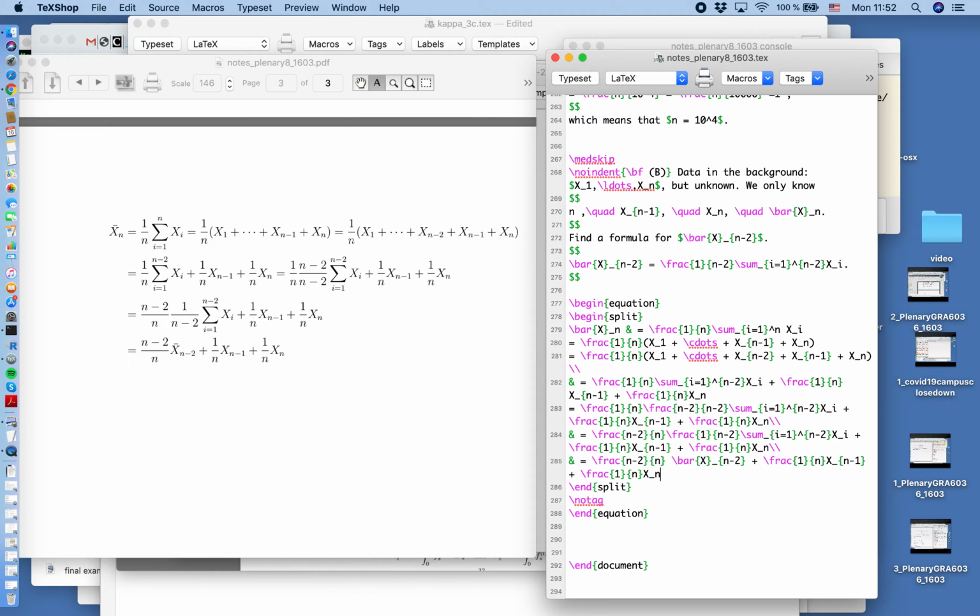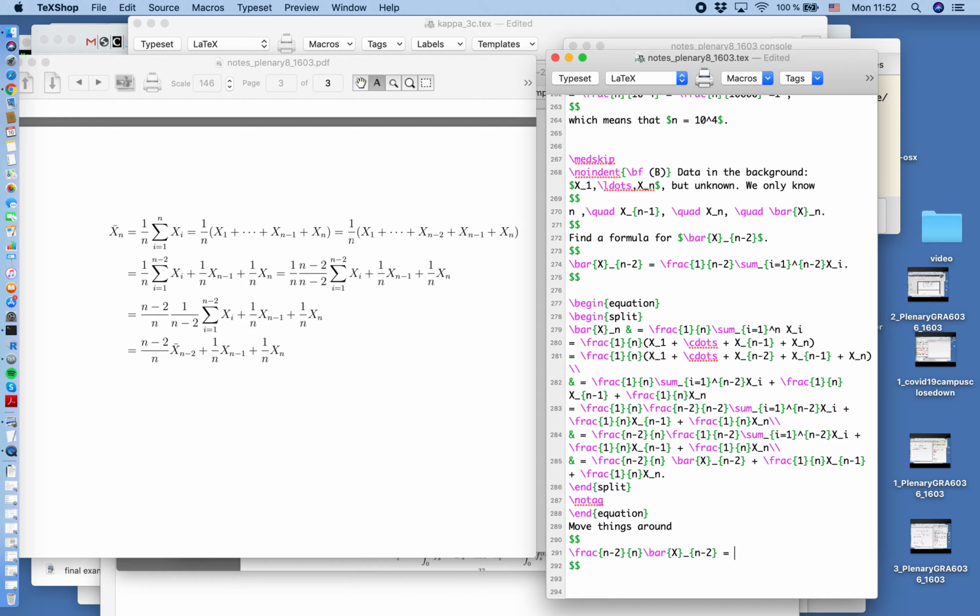Now, notice that this is known, and the left-hand side here is also known. And this fraction here is known because you know n, and this is what we were supposed to find an expression for. So now we can move things around, and we want the mean of the first n minus 2 observations on the right hand side.